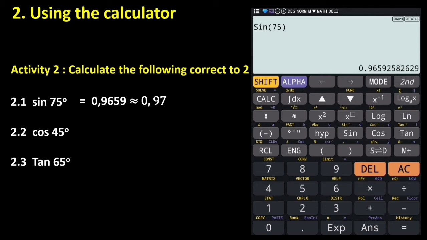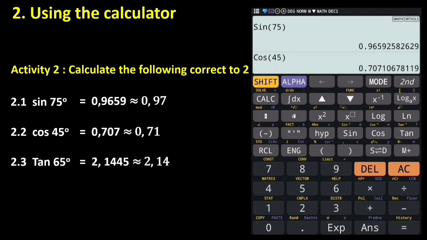The cos of 45 will approximate to 0.707, which can round off to 0.71 to 2 decimal places. So all you do is press cos and 45 on your calculator and press equals, and the calculator will give you that number. Similarly, the tan of 65 is 2.1445.